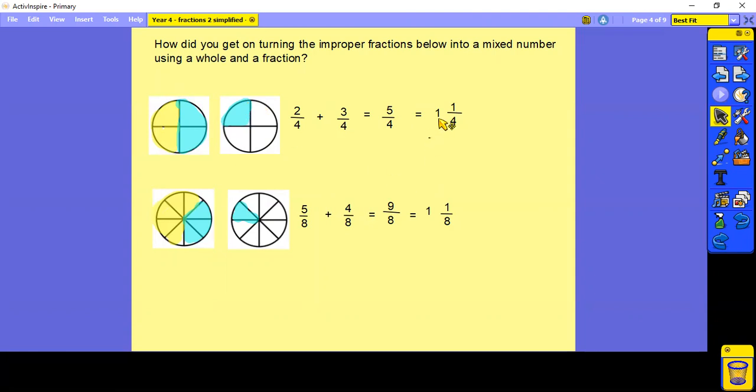So we would write that as 1 and 1/4 if we were using a mixed number. This one was 5/8 add 4/8, and together it equals 9/8, which is an improper fraction. Look again, we can see that one of these is coloured in and 1/8 is left over. So we would write that as 1 and 1/8.